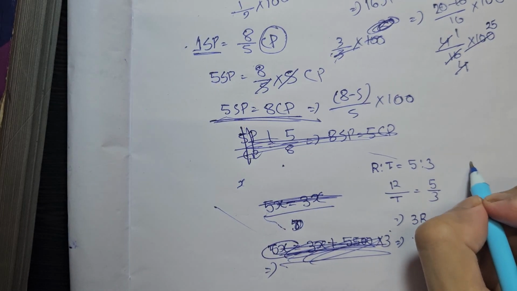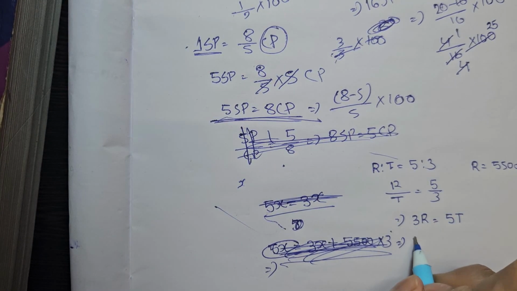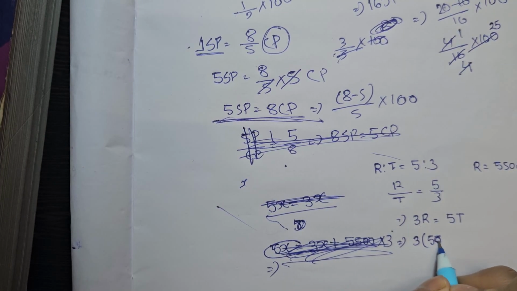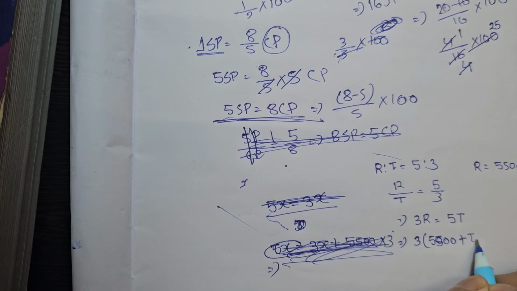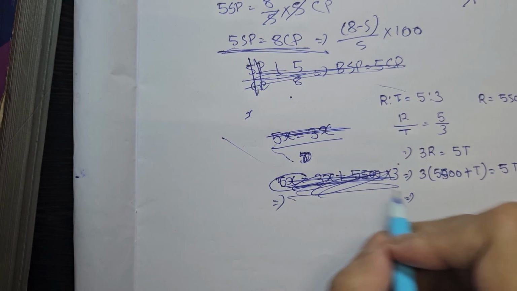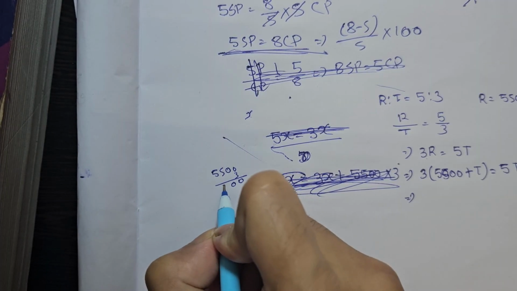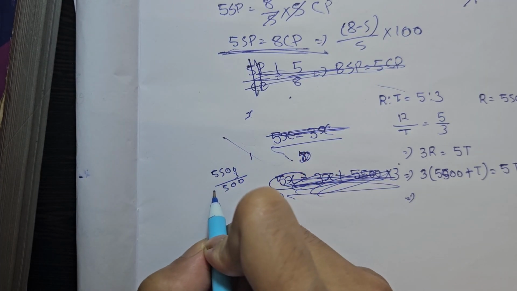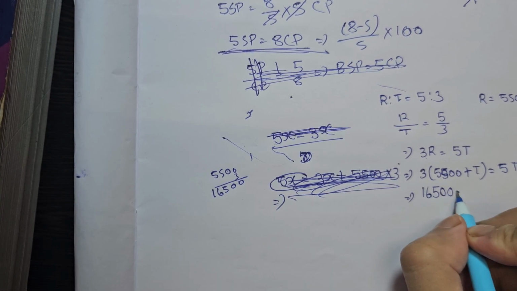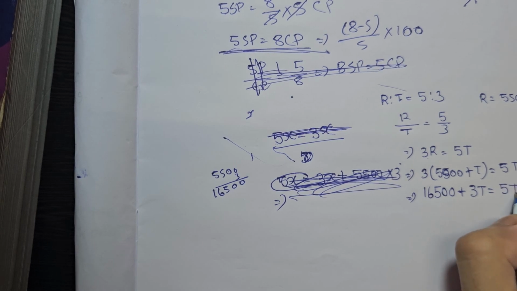Now they are saying that one single refrigerator costs 5500 more than a television, so we can put this value here: 3 into (5500 plus television) equals 5T, which comes to 5500 times 3, 16,500, plus 3 television equals 5T.